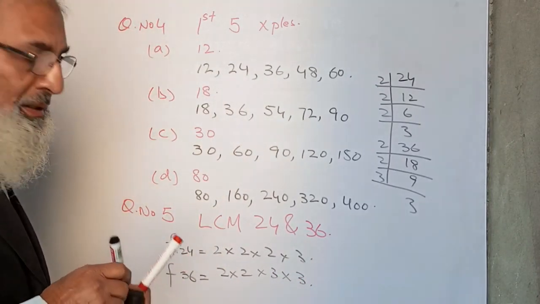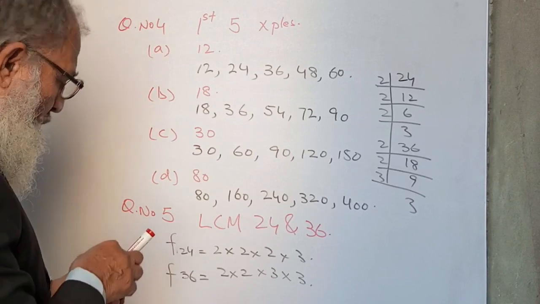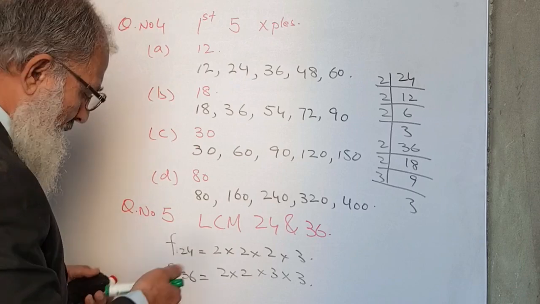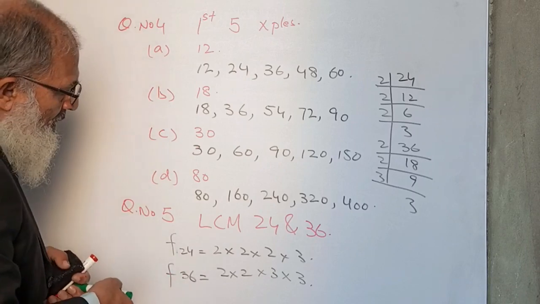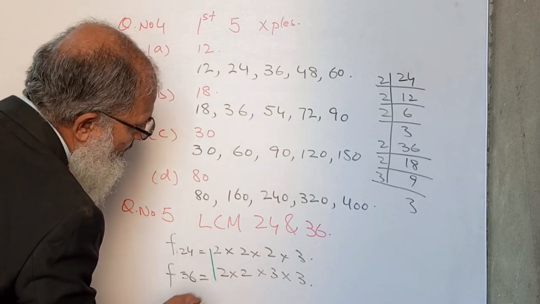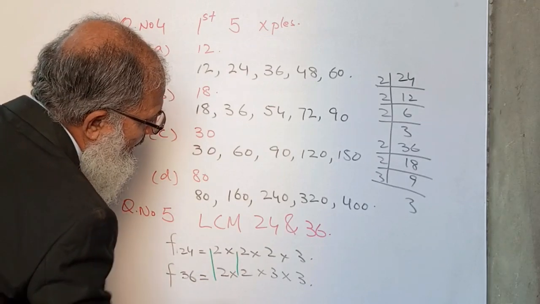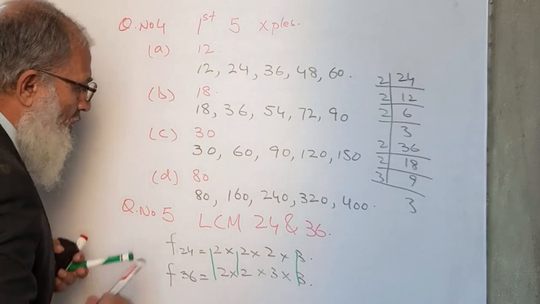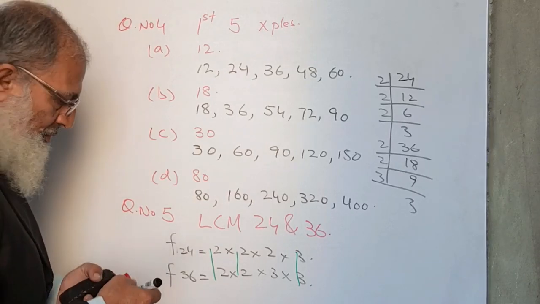Now we'll pick up the common numbers from each of the factors. Now this is common, this is again common, and this is common. So write all the common for once.